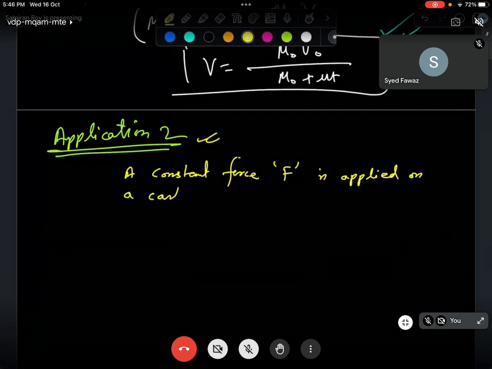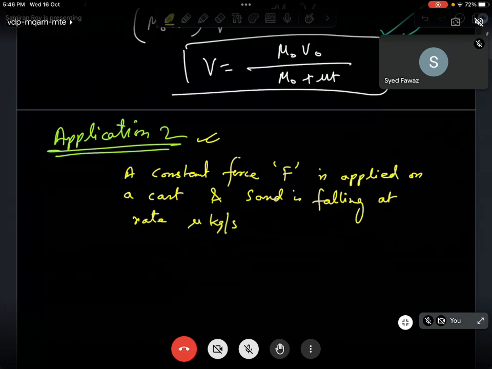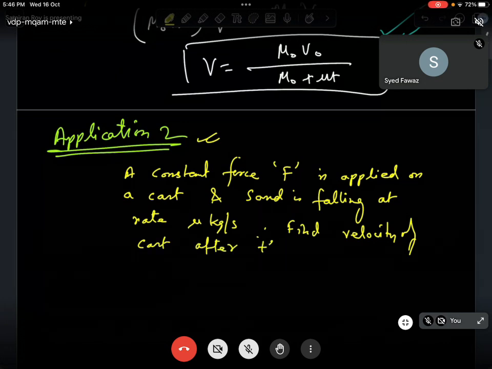Okay, and sand is also falling at rate mu kg per second. Constant force, sand is also falling at mu kg per second. I am asking, find velocity of cart after t second.